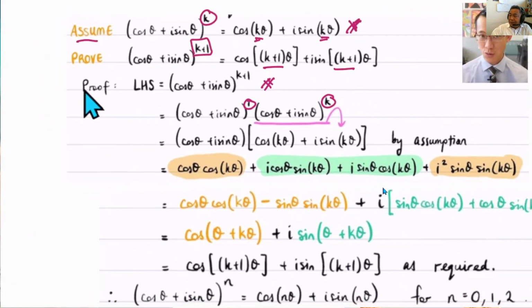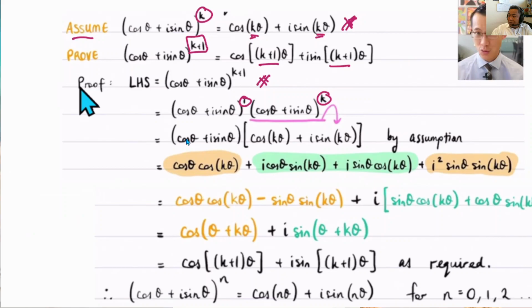Now we are basically opening up the brackets. So all the terms are going to be multiplied with each other. The cosine theta is going to be multiplied by cosine k theta. So that's the first term here. Then what about the other term? What about i sine theta and i sine k theta? So we have i squared sine theta times sine k theta. This is the orange term over here.